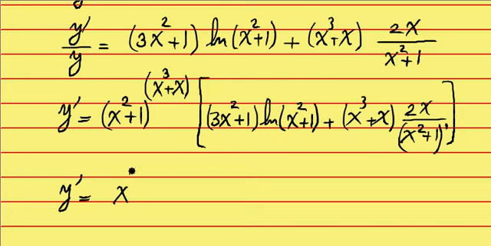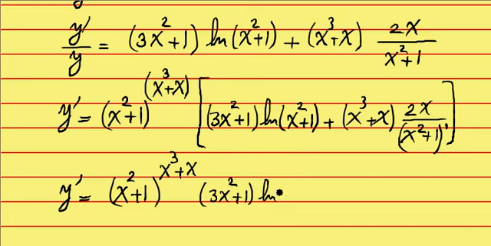This becomes x squared plus 1 to the x cubed plus x times this second piece is going to become this raised to that exponent.